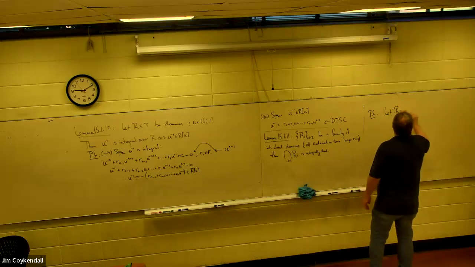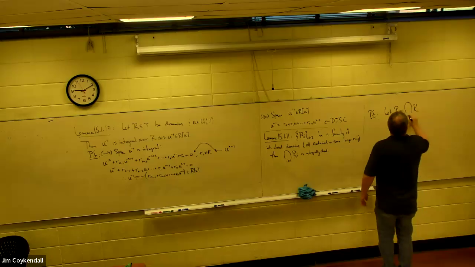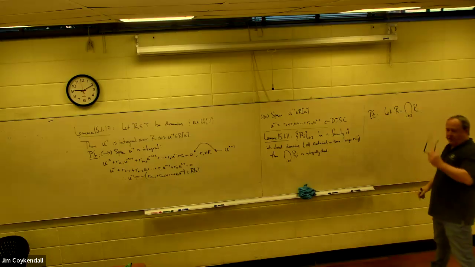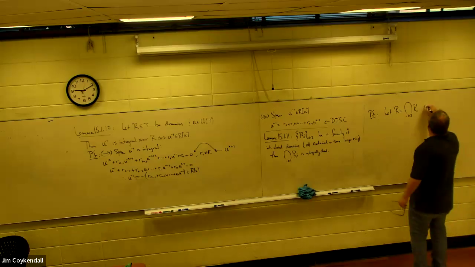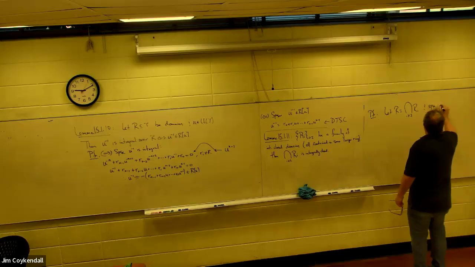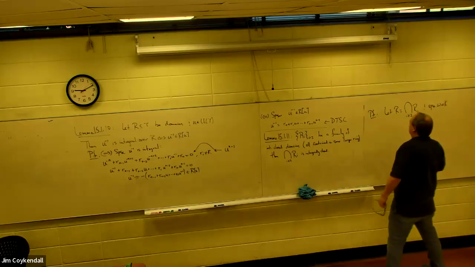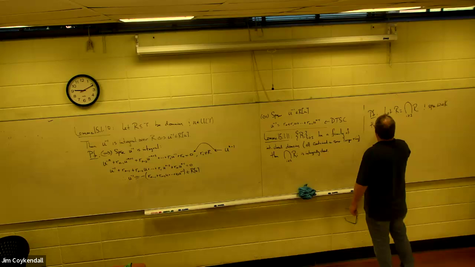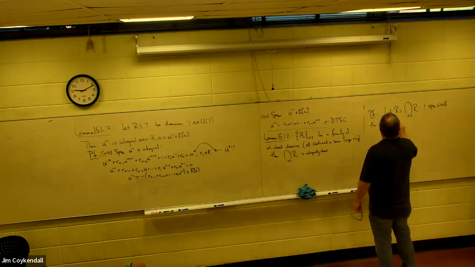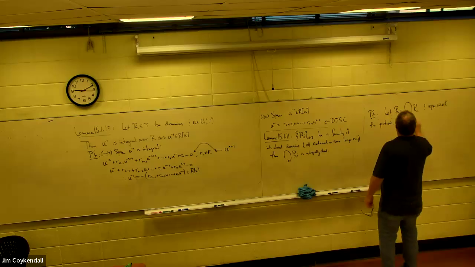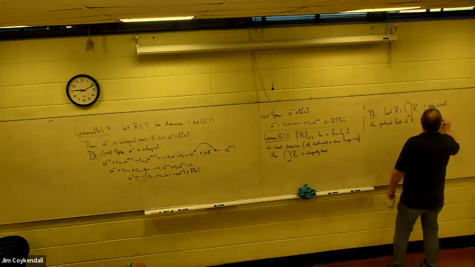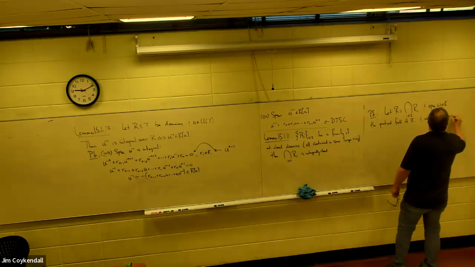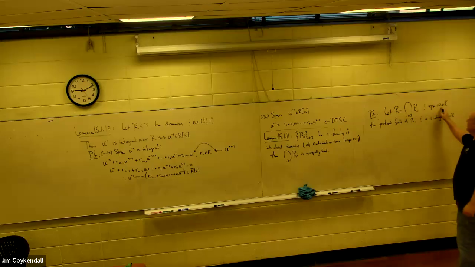For convenience of notation, I'm just going to call that intersection R. Suppose omega is in K, the quotient field of R, and omega is integral over R. So take something omega in the quotient field of R that's integral over R. So it's a root of some polynomial.